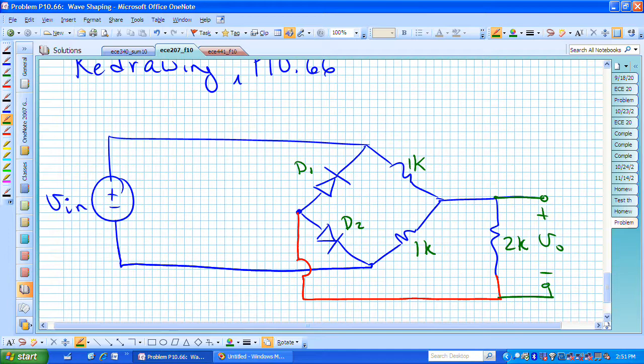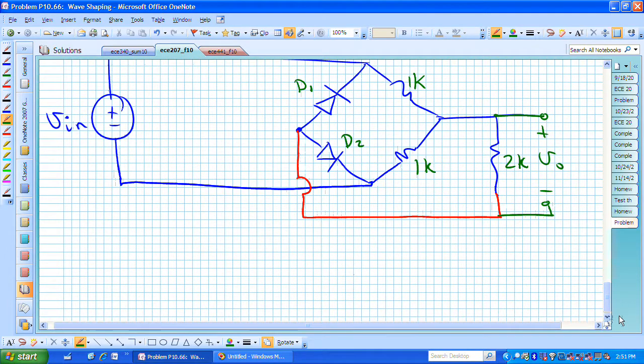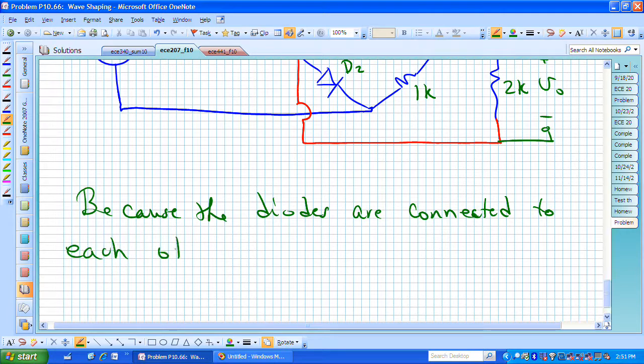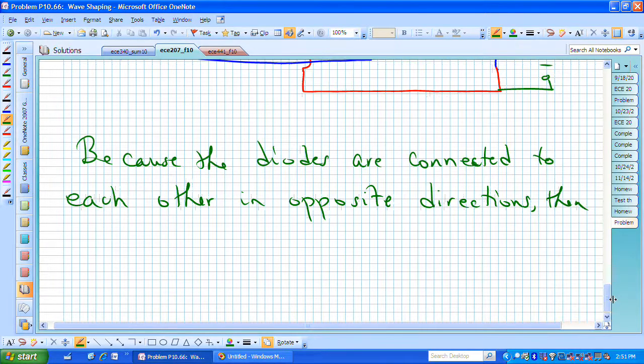We now need to analyze it, and what I have mentioned before is that because the diodes are connected to each other in opposite directions, then they can't both be on at the same time.